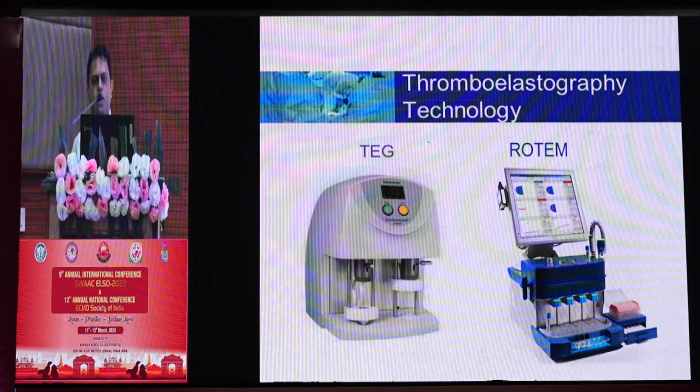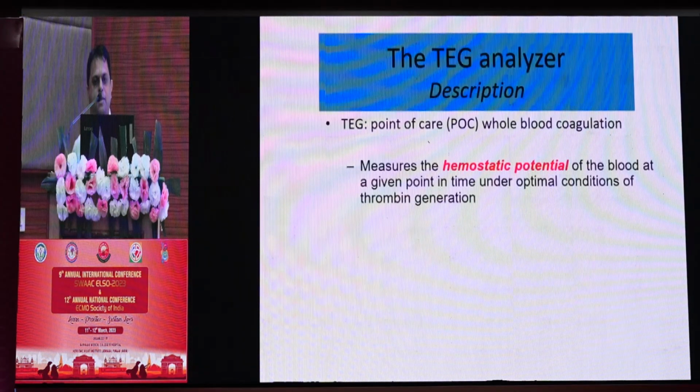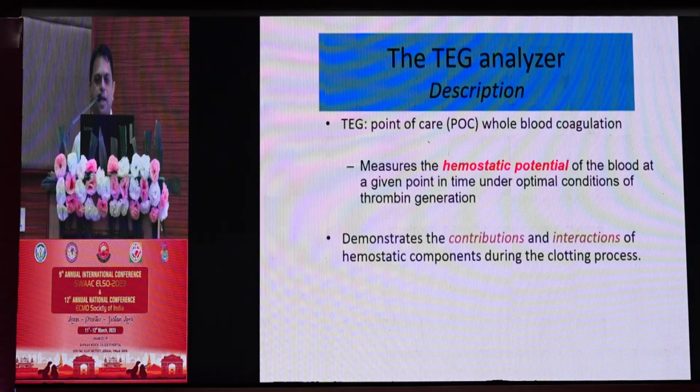My experience has all been with the TEG, but I know Dr. Poonam is a huge proponent of ROTEM here, so I'll just call it an analyzer, not a frontrunner. It's a point of care machine which measures the hemostatic potential, and most importantly, it demonstrates the contributions and interactions of all the components.